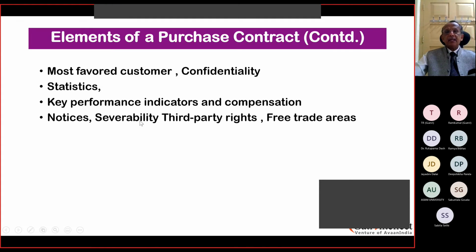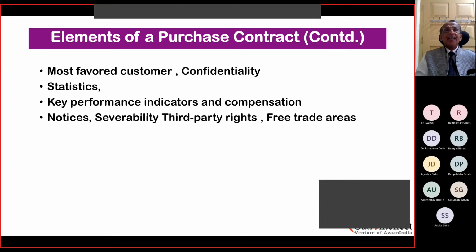Please understand, this is a terminology which is used in the law and in the contract, which you should understand. Now, let us say both the parties have agreed to a particular contract and both have signed the contract.